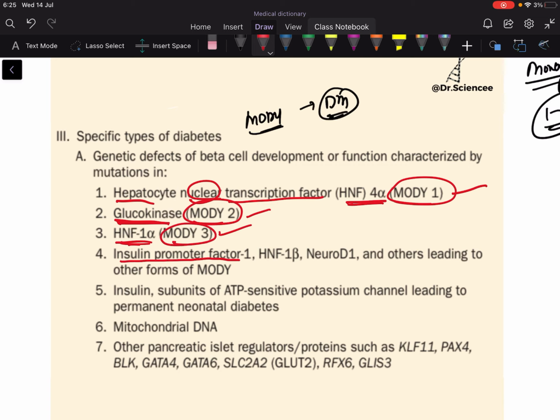Insulin promoter factor 1 with MODY4. And hepatocyte nuclear factor 1 beta with MODY5. NeuroD1 is MODY6. Actually you need not remember this. So that was about MODY. Thank you.